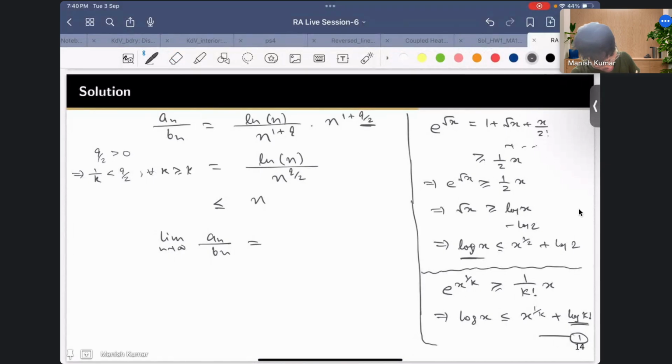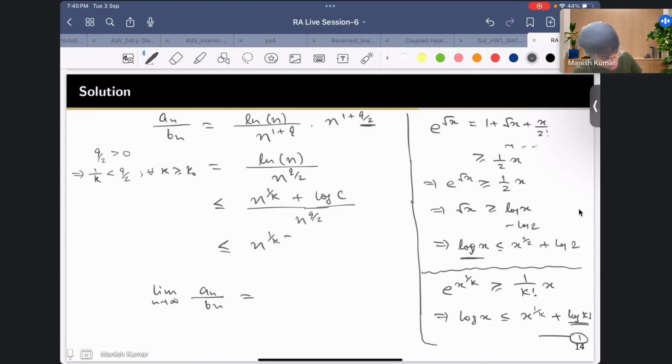So n raised to the power 1 by k plus log c upon n raised to the power q by 2. I can write it further as 1 by n raised to the power q by 2 minus 1 by k, and then plus log c by n raised to the power q by 2.